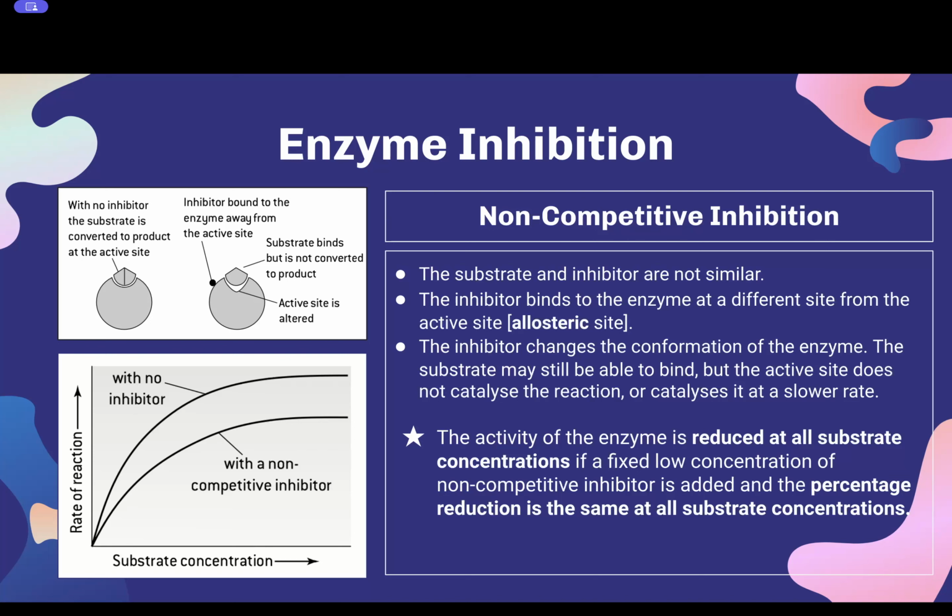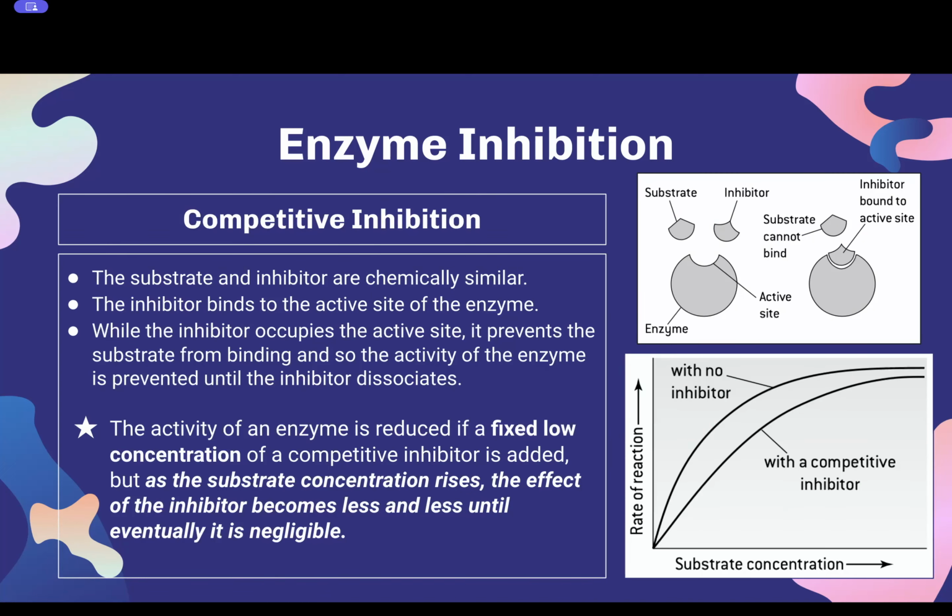Since this is non-competitive inhibition, its effects are slightly different. The activity of the enzyme is reduced at all substrate concentrations, and the percentage reduction is the same at all substrate concentrations. So if you look back here, competitive inhibition results in somewhat the same rate of reaction at the end.